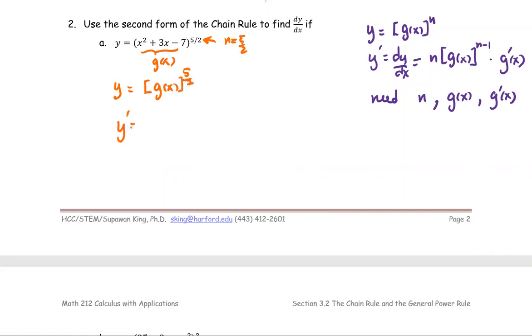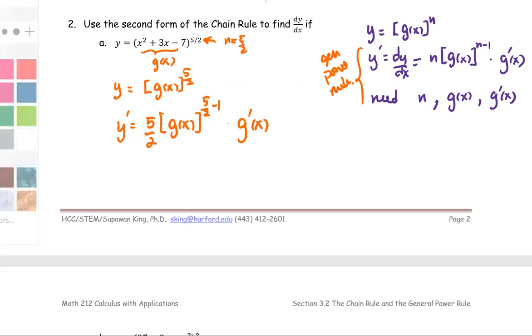Therefore, y prime using the general power rule, the second form of the chain rule, is 5 over 2 multiplied by the quantity g(x) to the power 5 over 2 minus 1, and multiplied by g prime of x.